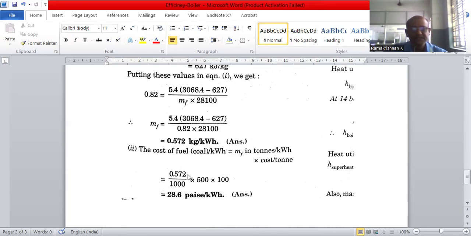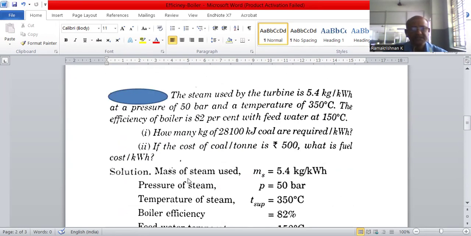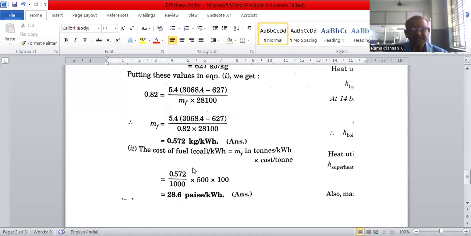The second question is to find the cost of the fuel per kilowatt hour. In the question itself, it is given that for 1 ton, that is for 1000 kg, the coal cost is 500 rupees.